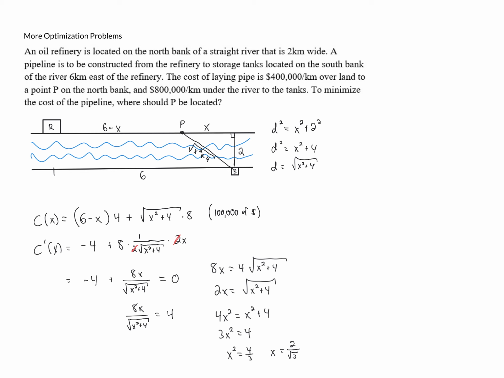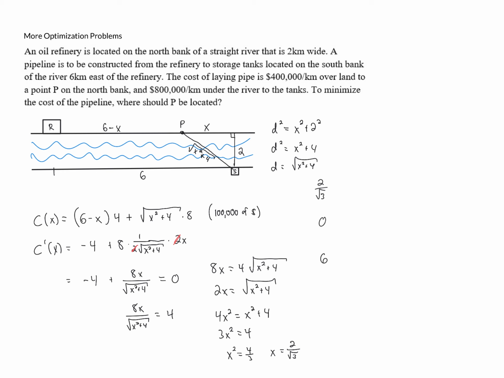Now, we can actually use the closed interval method here because we know that x has to be between 0 and 6, and we've got a continuous function that is differentiable on its domain. So that means that any global extreme value is going to occur either at the critical number of 2 over root 3 or at one of the endpoints, and those endpoints come from x equals 0 and x equals 6.